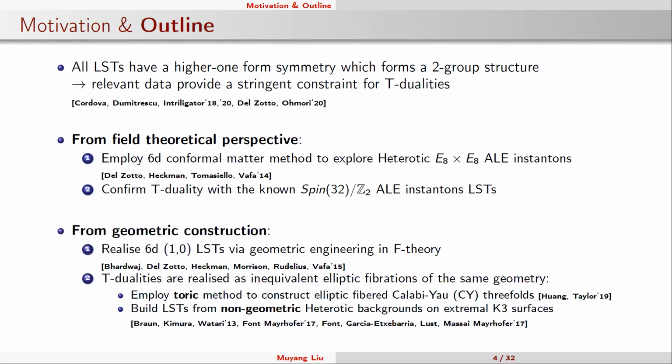From the geometric constructions, we realize 6D little string theories through geometric engineering in F-theory, such that the T-dualities are realized as inequivalent elliptic fibration structures of the same geometries. In particular, we employ the toric method to construct elliptic Calabi-Yau threefolds to produce novel Lagrangian theories, and also in a non-geometric background, we can build Lagrangian theories from the extremal K3 surface where the toric realization is lacking.